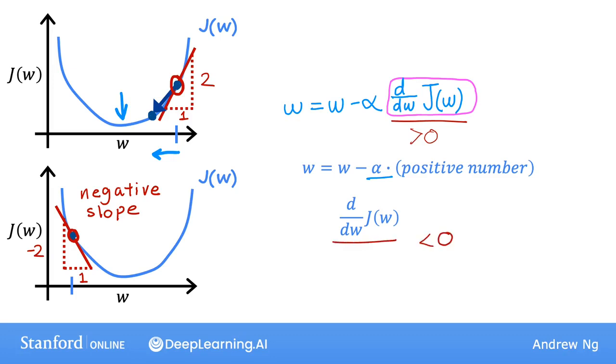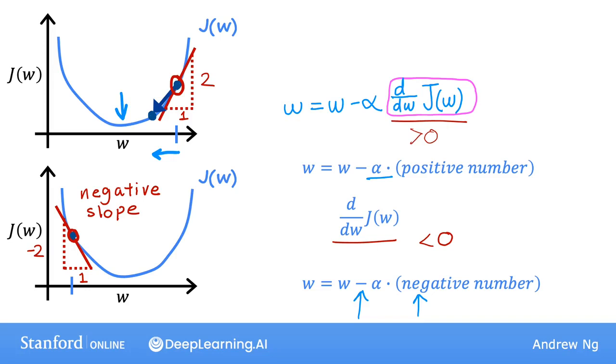So when you update w, you get w minus the learning rate times a negative number. This means you subtract from w a negative number, but subtracting a negative number means adding a positive number, and so you end up increasing w.